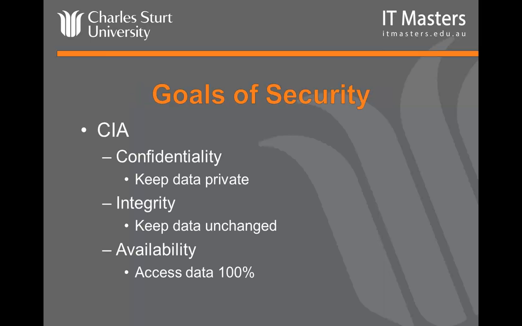Integrity is about keeping the data unchanged, so don't let your information be changed as it transits your network. And lastly, availability, so access to data 100% of the time. We know that's really an unrealistic target, or maybe not. That's always what we should aim for. So we're basically talking about high availability as much as we possibly can.